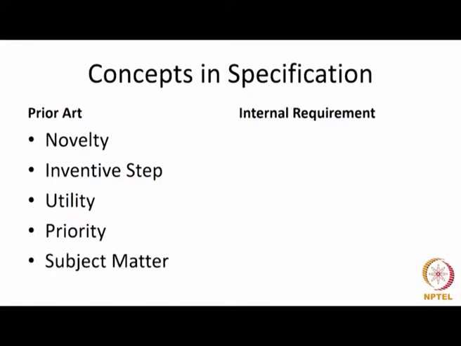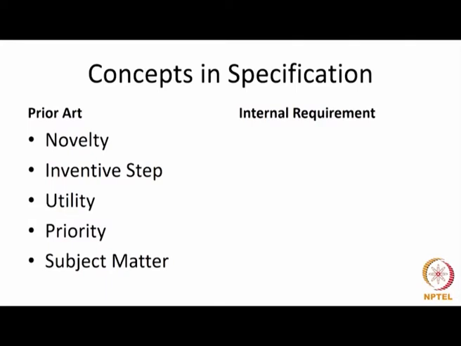Subject matter. Whether the claimed invention is a subject matter that is excluded or not is going to be a comparison with something, it is going to be an external comparison. For instance, there are certain subject matters that are excluded from being granted a patent. A literary or an artistic work cannot be granted a patent. So that is a subject matter exception, and subject matter will determine what kind of protection you will get.